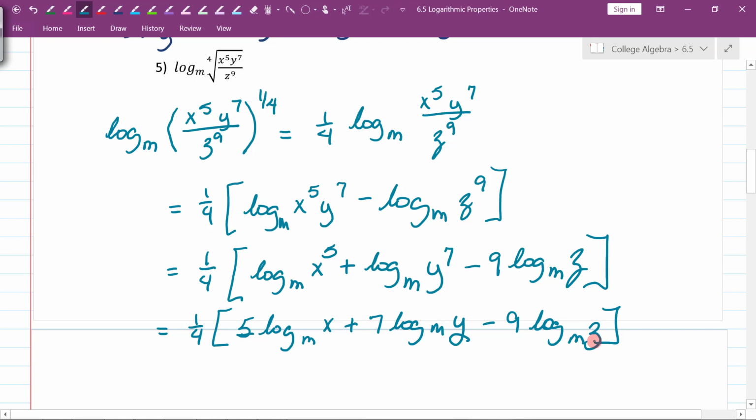I have one last step. You see this 1/4 right here? I need to distribute it to each and every term. I'm only going to distribute it to the numbers out front of the logs.